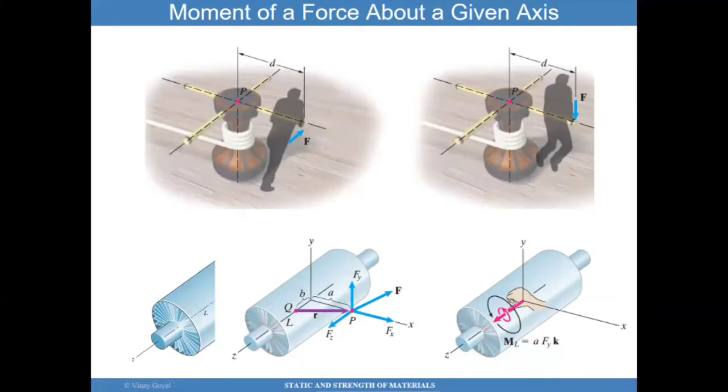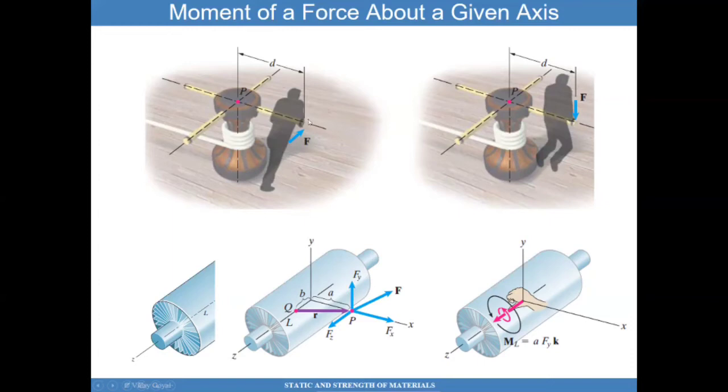Let's now examine the moment of a force about a given axis. There are a lot of situations where this happens. These situations can involve a moment due to a force applied by a person along this axis, like a capstan. These scenarios occur a lot.